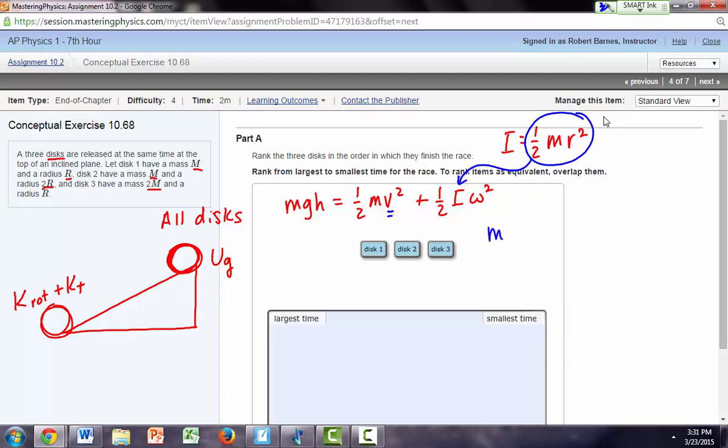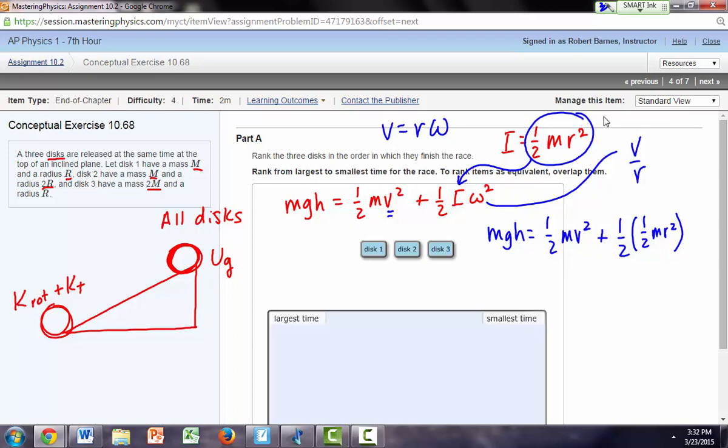So mgh equals 1/2 mv squared plus 1/2 mr squared times omega, but rather than omega, I'm going to use the term v over r, because again, v equals r omega.